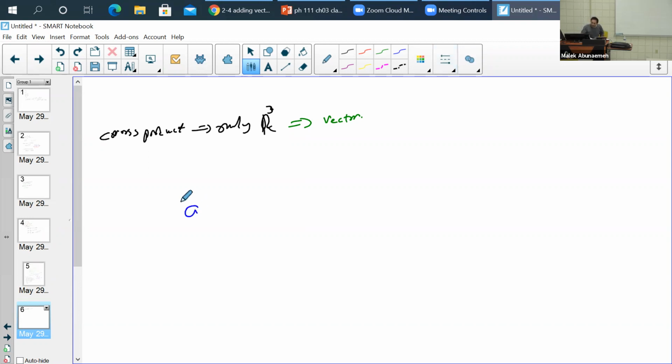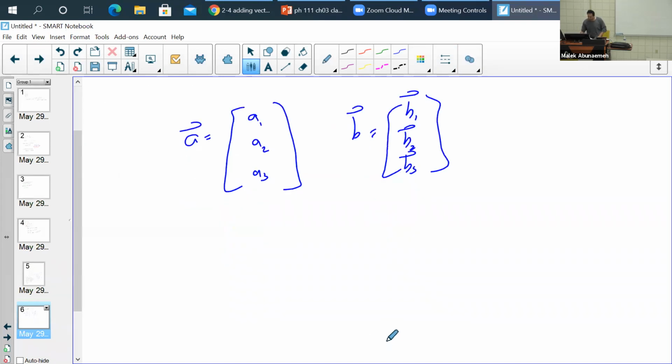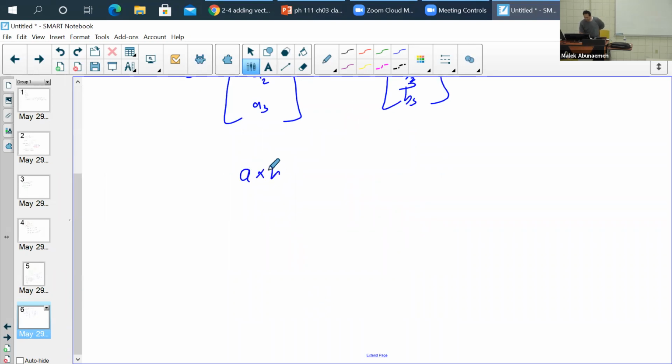Let's say you have your A vector, which has to be only 3 dimensions, your I, your J, your K. So this is your A1, A2, A3, and your B vector is going to be B1, B2, B3. Now let's do the A cross B vectors. What's going to happen?